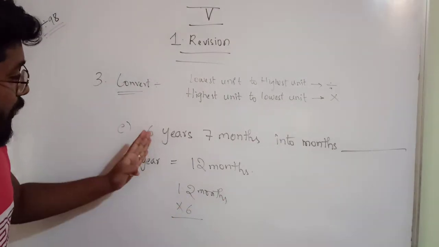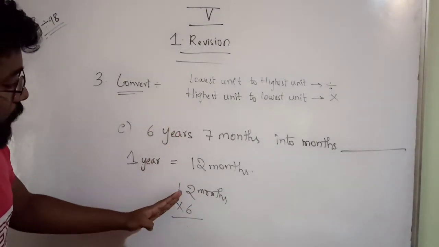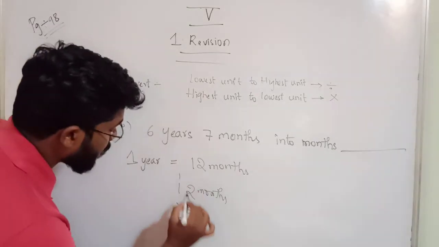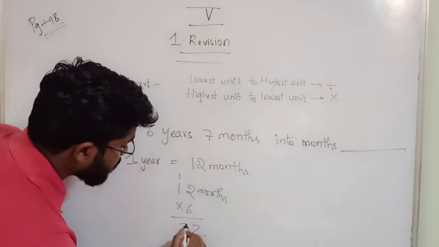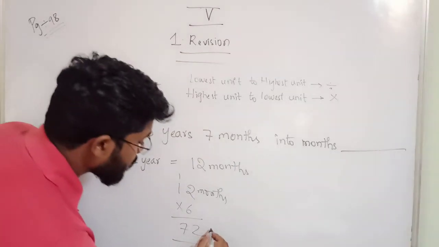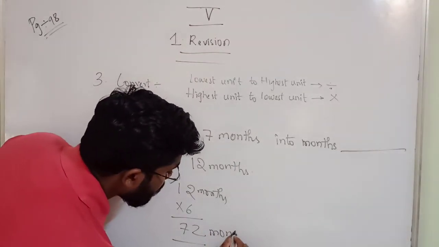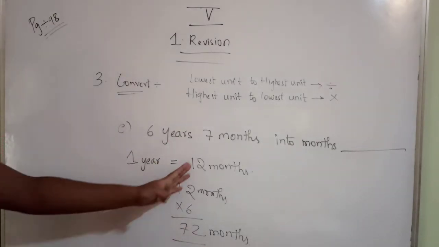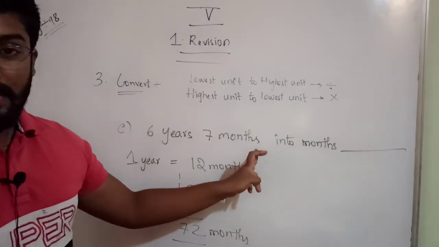So here you are having 6 years, no, so 12 into 6, how much you will get? 6 2s are 12, 6 1s are 6, 72. This is 72 months. For 6 years you are getting 72 months, plus you are having 7 months additionally.